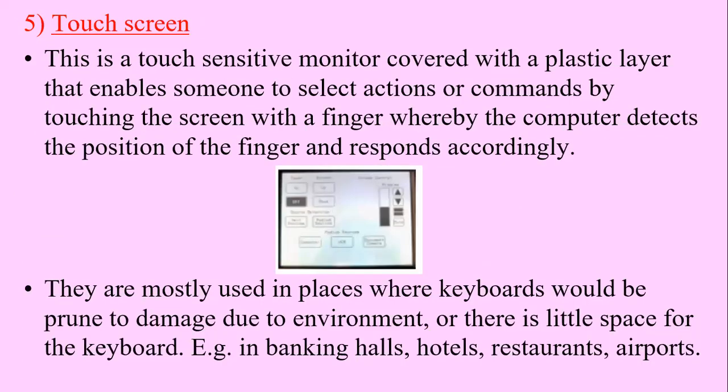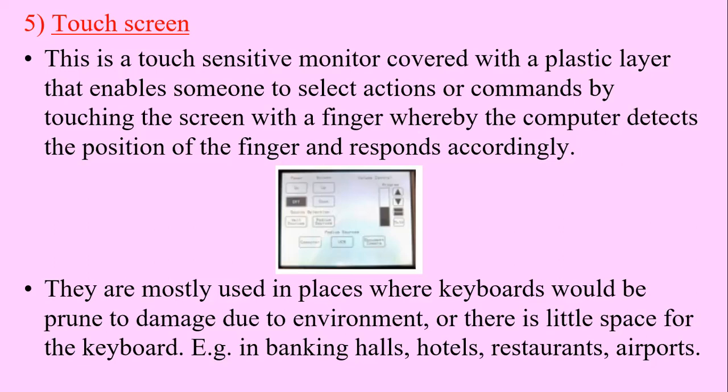The fifth device is called the touch screen. This is a touch-sensitive monitor covered with a plastic layer that enables someone to select actions or commands by touching the screen with a finger, whereby the computer detects the position of the finger and responds accordingly. They are mostly used in places where keyboards would be prone to damage due to environmental or other factors, or where there is little space for the keyboard.